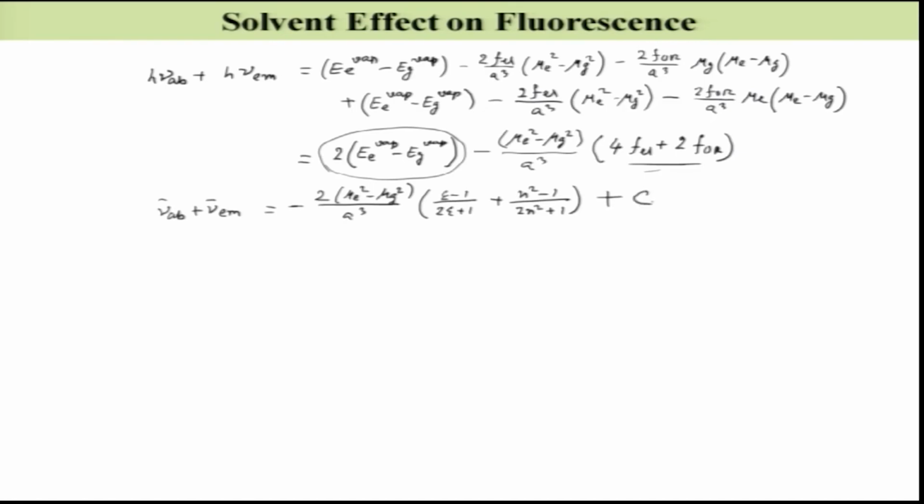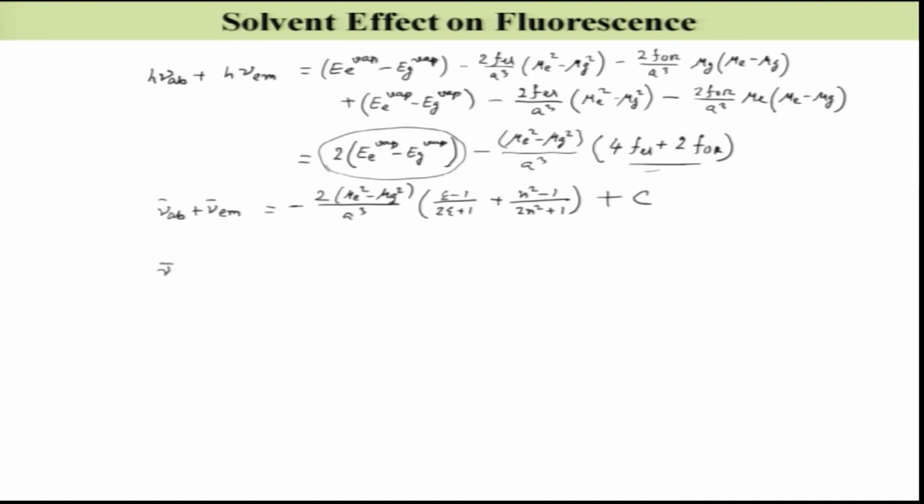So, the dependence of the sum of nu bar absorption and nu bar emission is like this. I can also write nu bar absorption minus nu bar emission once again over here.